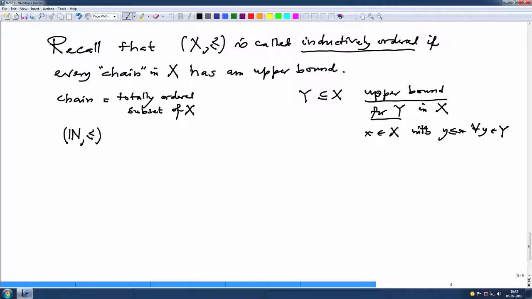Okay, before I go to the proof of the above theorem, I would also like to give a couple of remarks about Zorn's lemma. So, namely, one can prove Zorn's lemma by using the axiom of choice.